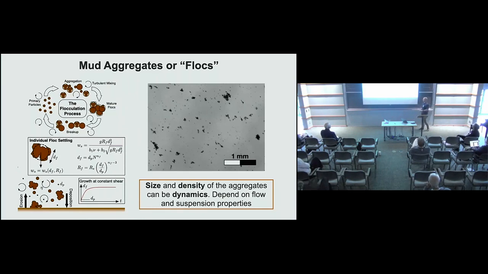If you're trying to model the transport of mud and how it impacts the concentration of sediment in a river mouth plume, a turbidity current, or your river, or how a floodplain evolves, or how sediment infills a particular basin, you need to know the settling velocity, and to do that you have to know the size and the density of these little guys, and they can be quite dynamic.